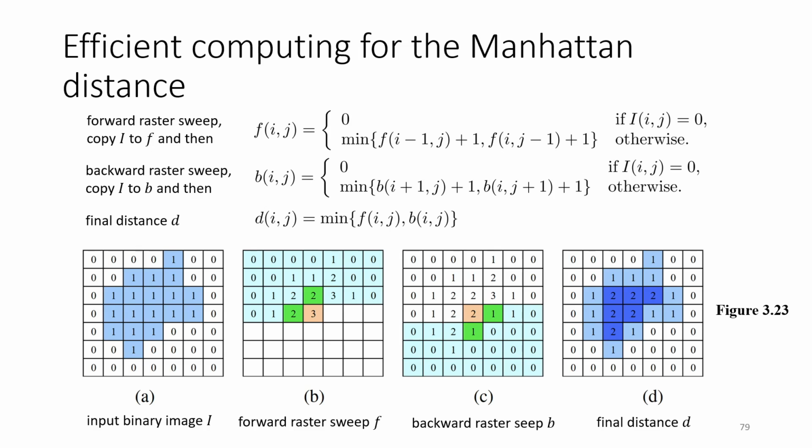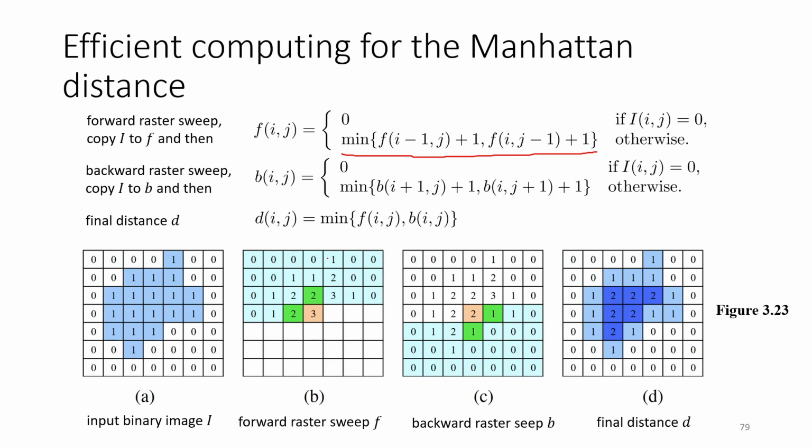If the value is not 0 in the input image, then it will use this mathematical equation. It means take a look at its left or its upper pixel. Because there is no upper pixel, they only took the left pixel and compare the value. If there is a value, then add 1 to it. So here it is 0 plus 1, so it is 1.